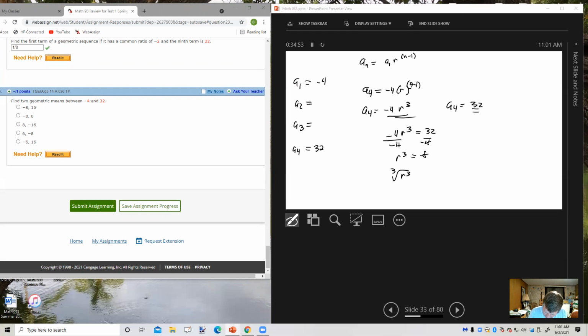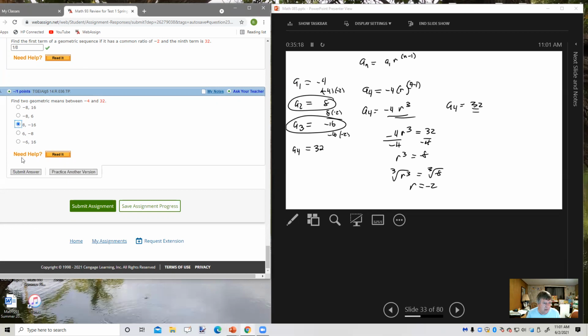Take the cube root of both sides, and we get R equals negative 2. Well, if R equals negative 2, negative 4 times negative 2 is 8. 8 times negative 2 is negative 16. Negative 16 times negative 2 is 32. So there's our two geometric means, 8 and negative 16.